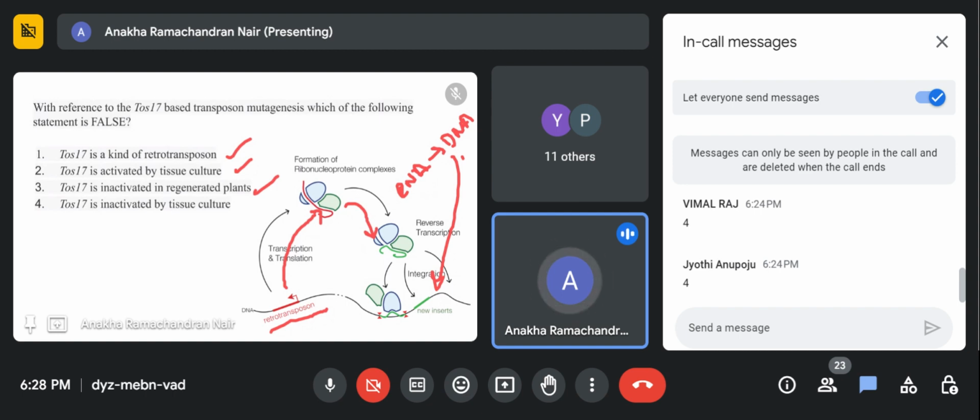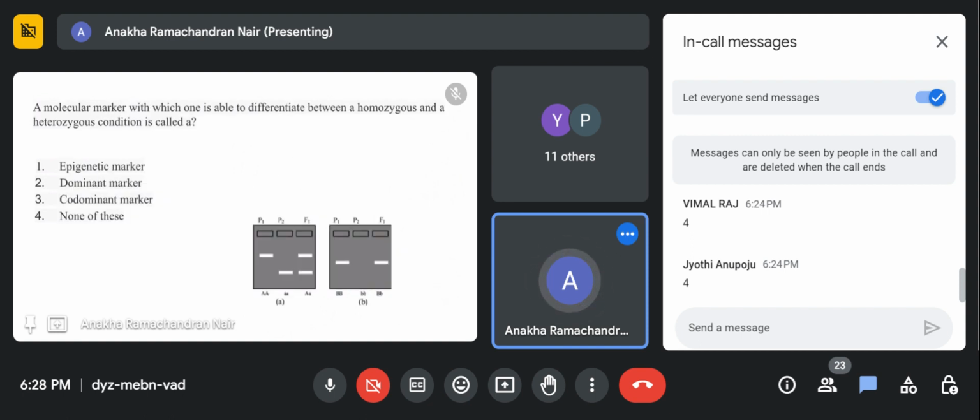So the false option is that it is inactivated by tissue culture. From this you could have figured out that one of these two has to be wrong because they are the opposites of each other, right? So great for everyone who got the answer. So let's move on to the next question.